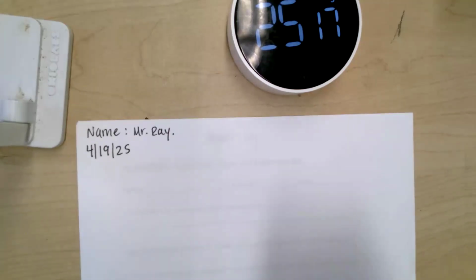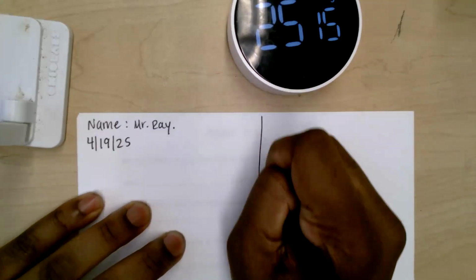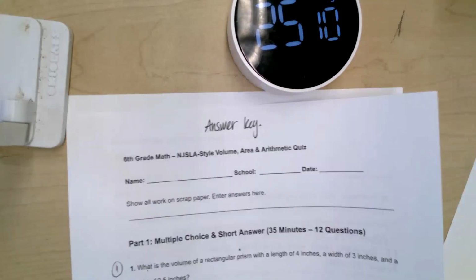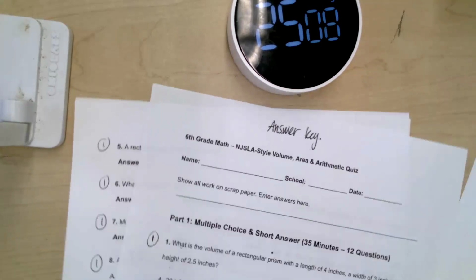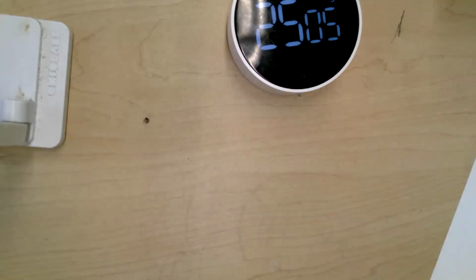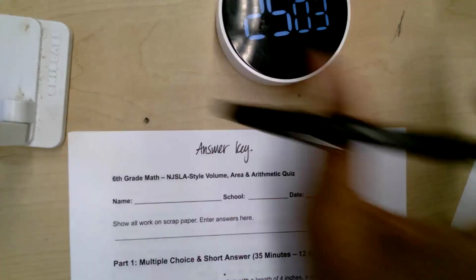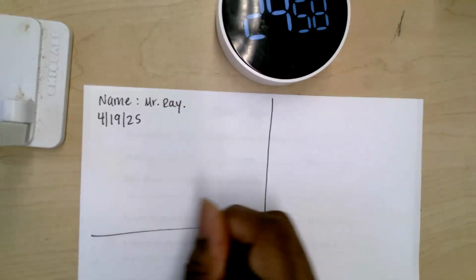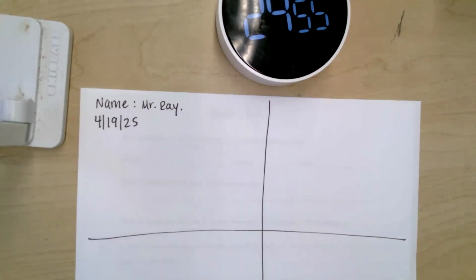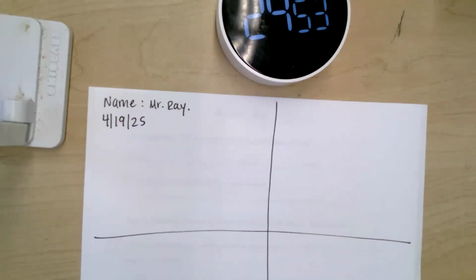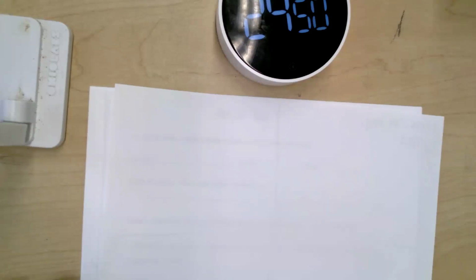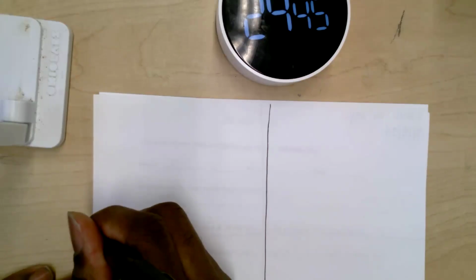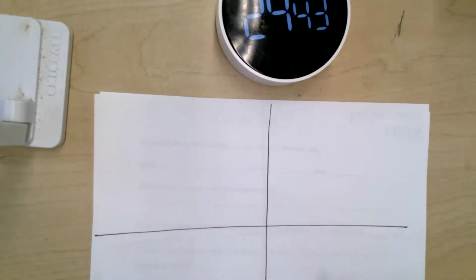Okay. Then I want to separate my scrap paper. But first I need to see how many problems I have. So it's 1, 2, 8, 9, 12. So I have 16 problems. So I want to do 8 on both sides. That means I need to do 4 lines on the front, four lines on the back.